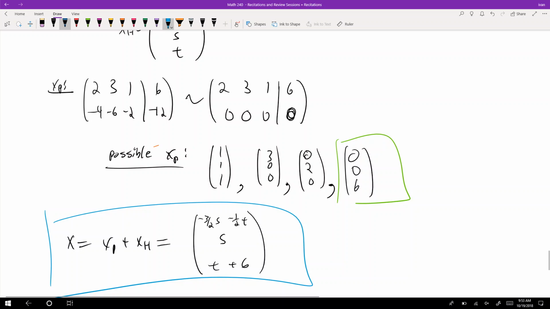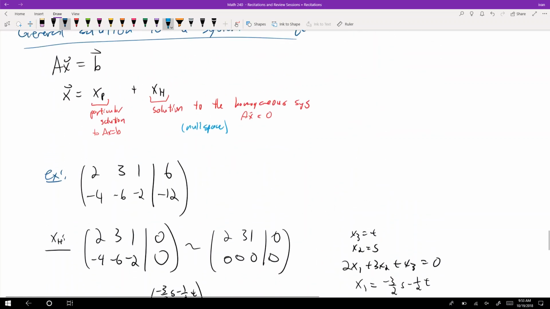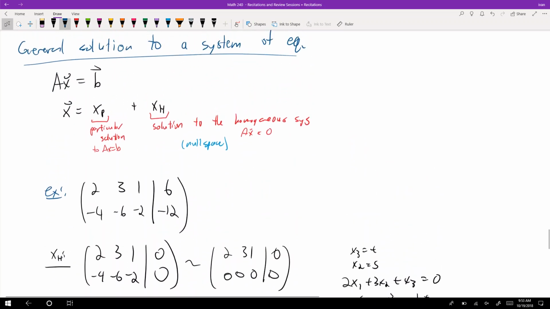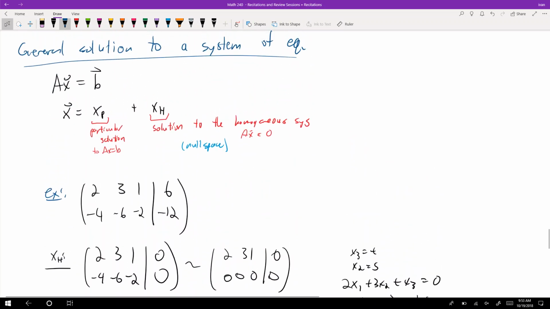In relationship to, so x is equal to, what does x represent? Is it straight x? x is literally the solution to Ax equals b. So it's another xp. No, x is this x.